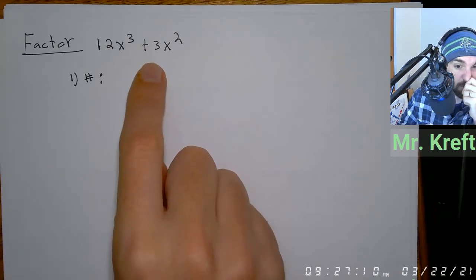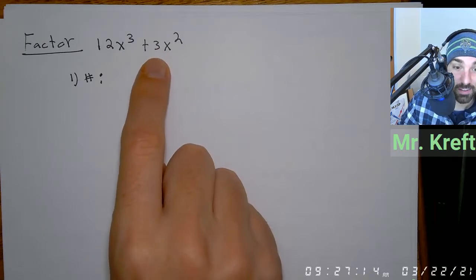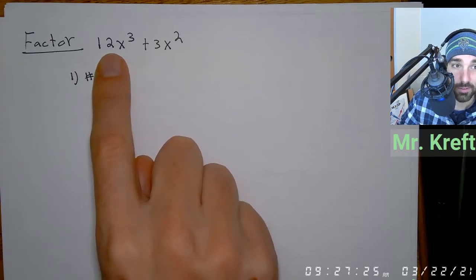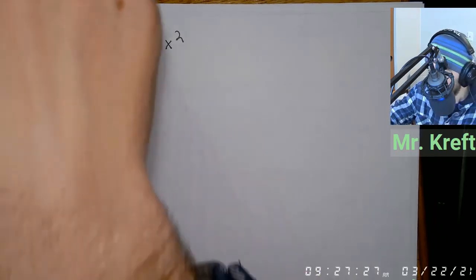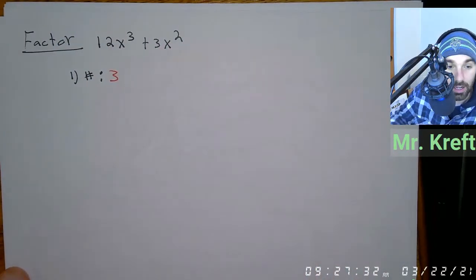If you ever need help, always start with the smallest number, because 3 is prime, which means only 3 and 1 go into it. So does 3 go into 12? Yeah, it does. So the biggest we can pull out here is a 3.